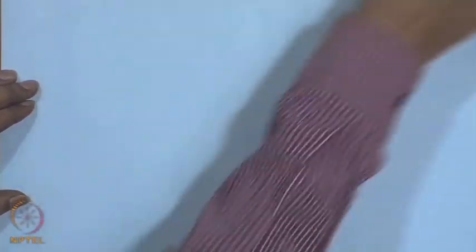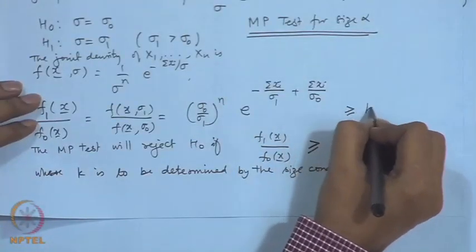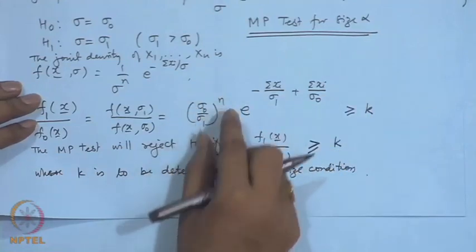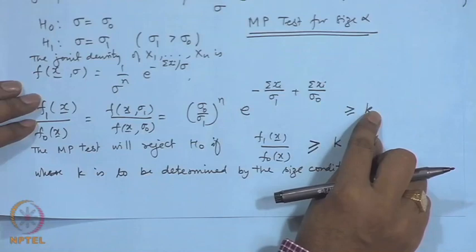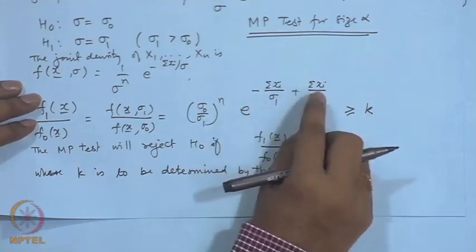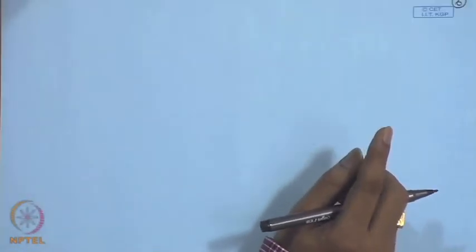So, if you consider this ratio here, I am saying this greater than or equal to k. Now, this is a constant, sigma naught and sigma 1 are known. So, I can adjust this with this coefficient on the right hand side, and I can also take logarithm here. If I take the logarithm here, I will get sigma x i into 1 by sigma naught minus 1 by sigma 1.